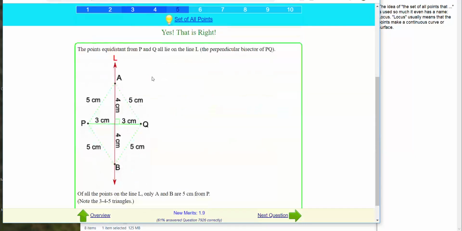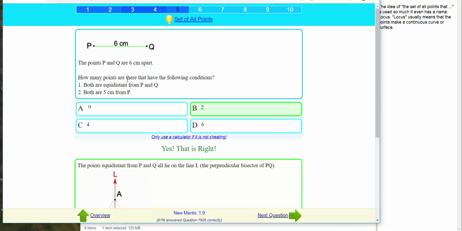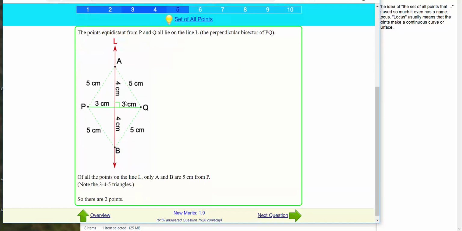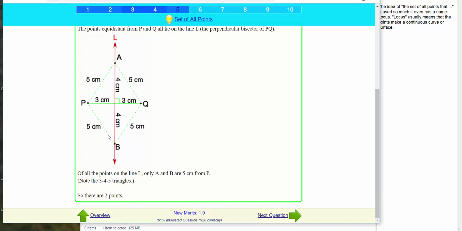You have 2. The points equidistant from P and Q will lie on a line L, the perpendicular bisector of P and Q. 5 centimeters and 5 centimeters is 2 points. Of all the points on the line L, only A and B are 5 centimeters from P. Yes.